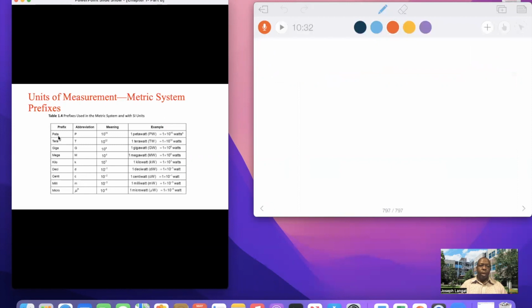When we say peta, abbreviated P, it means you are increasing the base unit by 1 times 10 to positive 15. It can be petameter. It's different from picometer, which we'll see later on.